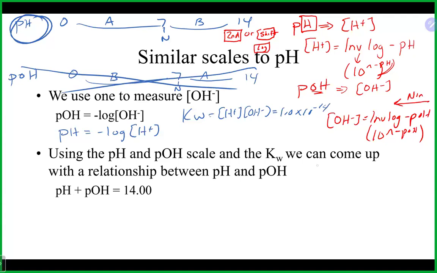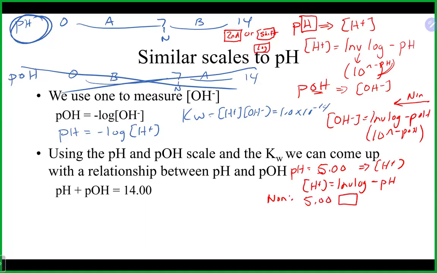So for example, if we had our pH of 5 that we had earlier, and we wanted the H plus concentration, the H plus concentration is the inverse log of the negative pH. So the way that you would punch it into a non-display calculator is you would start with the pH. You would hit 5.